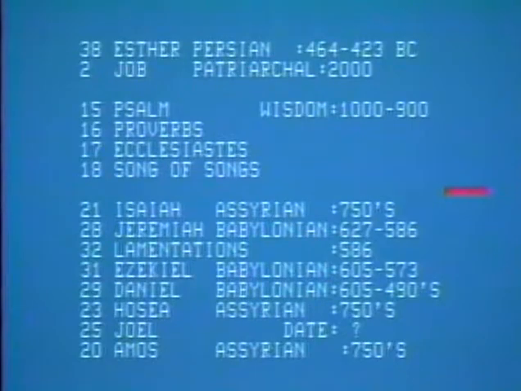Now, beginning with the prophets. Follow with me if you would. Isaiah is the Assyrian period in Judah, the 750s BC. Jeremiah is the Babylonian period in Judah, and he was called in 627 and had a long ministry down to the fall of Jerusalem.